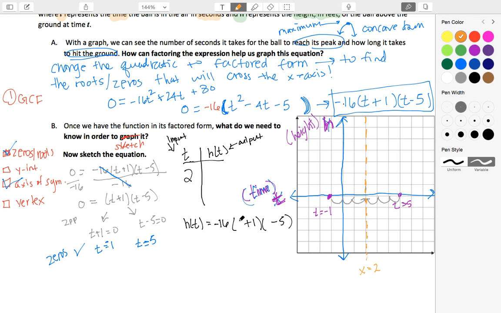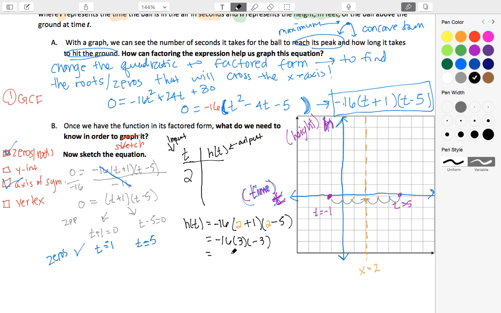And what I'm going to leave space for is so I can write in 2. Right? So from here, I can go ahead and solve, and I'll get -16 times 3 times -3. And that will end up being, when you type this into the calculator, we should get 144.